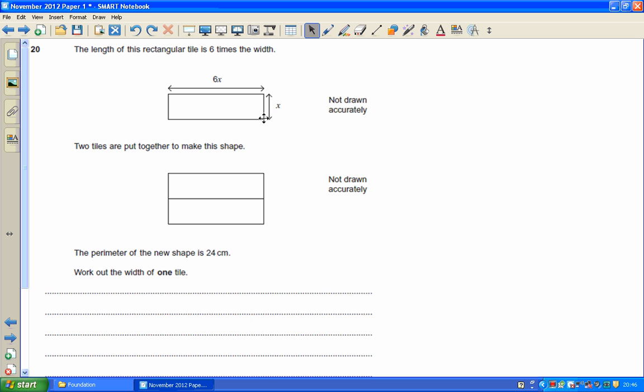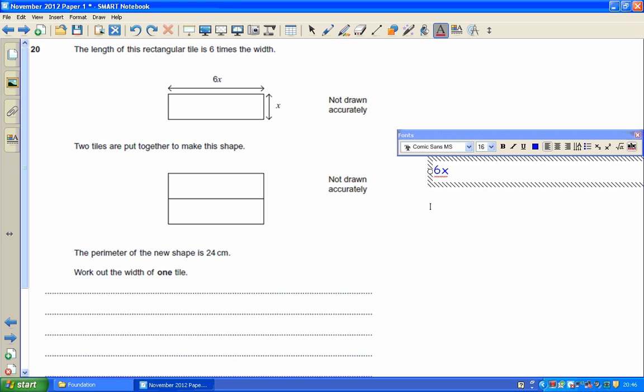Number 20. The length of this rectangular tile is 6 times the width. So they've given you the width as x and said the length is 6 lots of that, 6x. They've put 2 together, and the perimeter of this new shape is 24. So let's put the information on that we've got first of all. 6x.